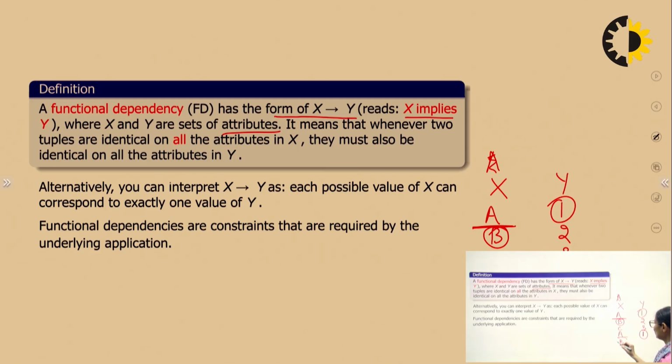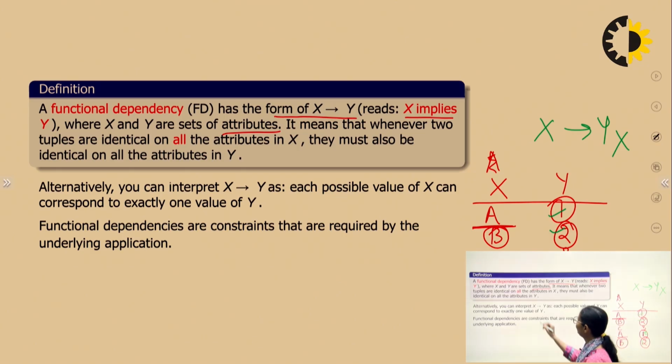Similarly, these two values are the same in attribute X, so here it should also be 2. If we are having some other values here, for instance, here I am having 1 and 2, but here let's suppose 10 and 12, then in that case, X implies Y would fail.